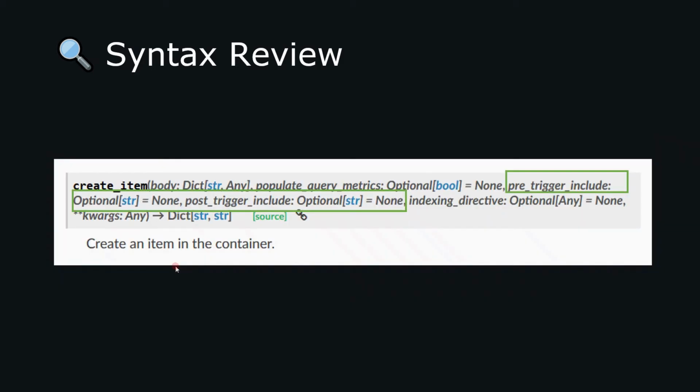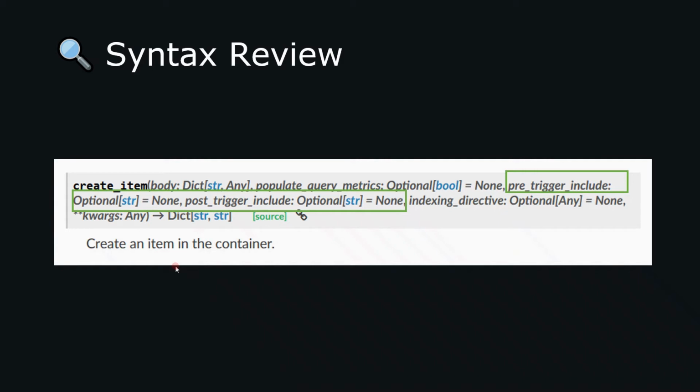But what we notice if we go into the Cosmos documentation, a different documentation for the same create item method, is that the pre-trigger include is passed as an optional string parameter.